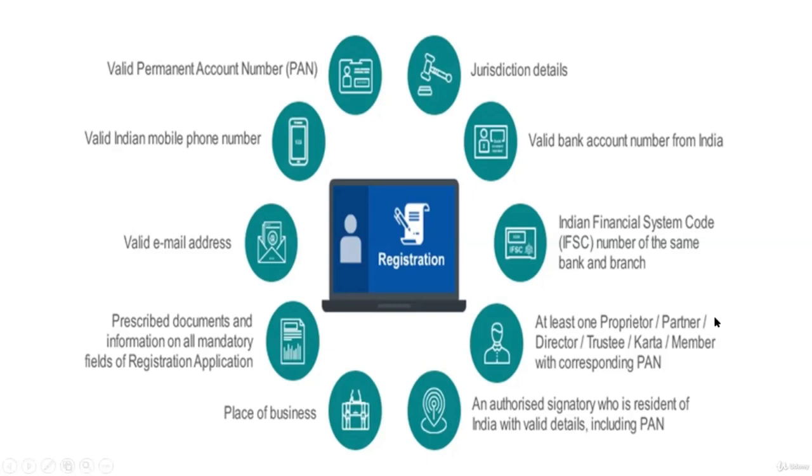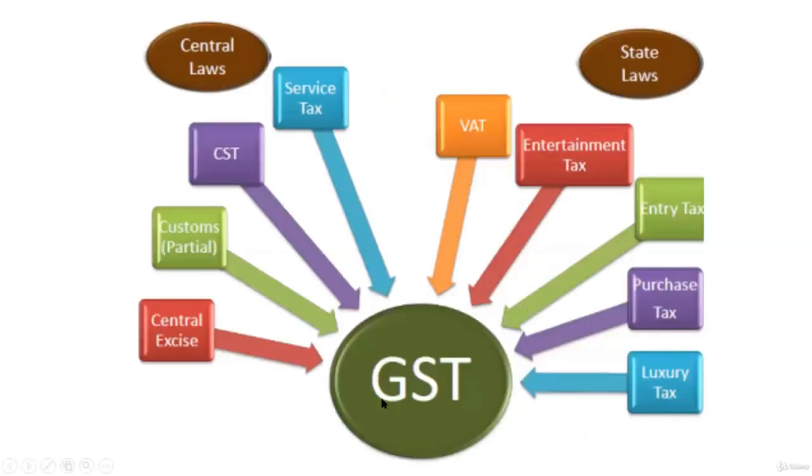Moving forward, as we know, GST has removed all the central and state taxes like service tax, CST, customs, central excise, VAT, entertainment tax, entry tax, purchase tax, and so on.